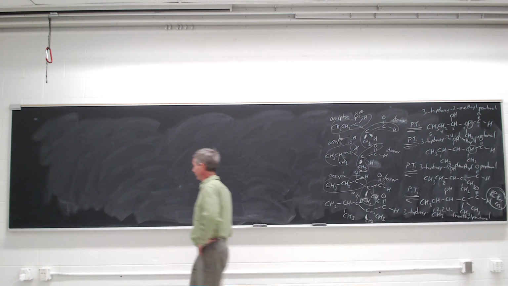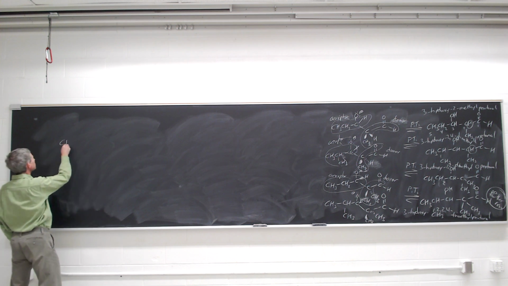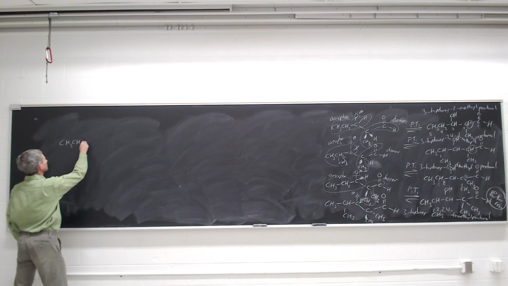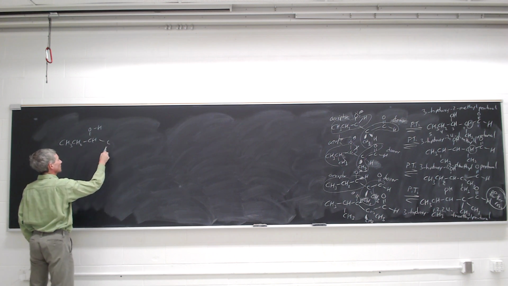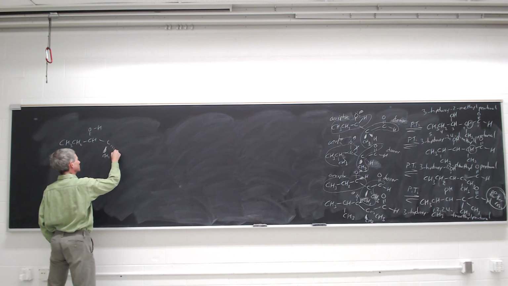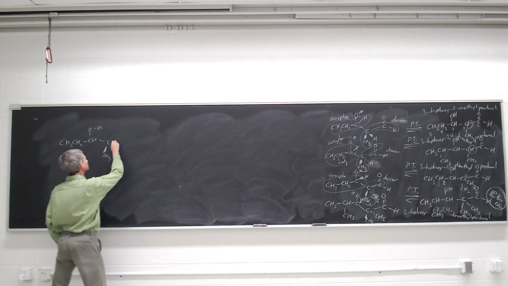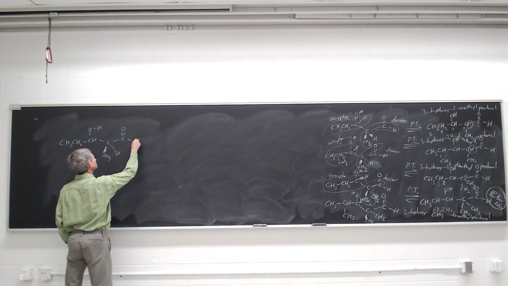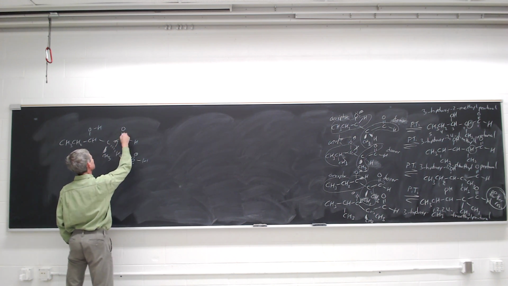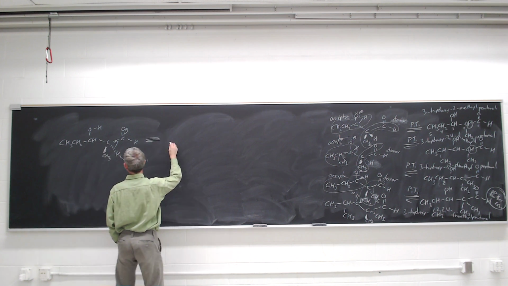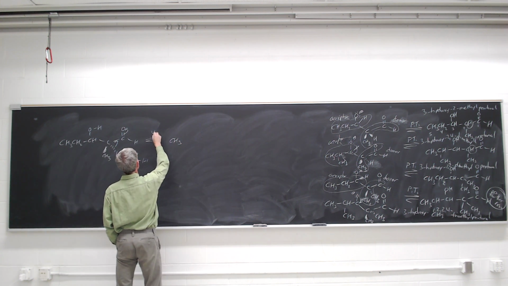In the other two cases, it would be possible to remove the alpha hydrogen still present, liberating an enolate, step 4.